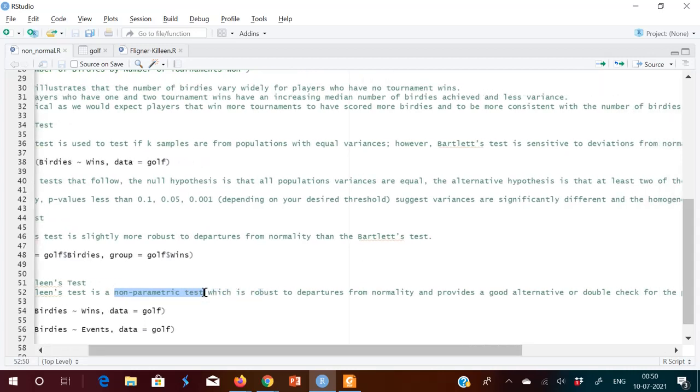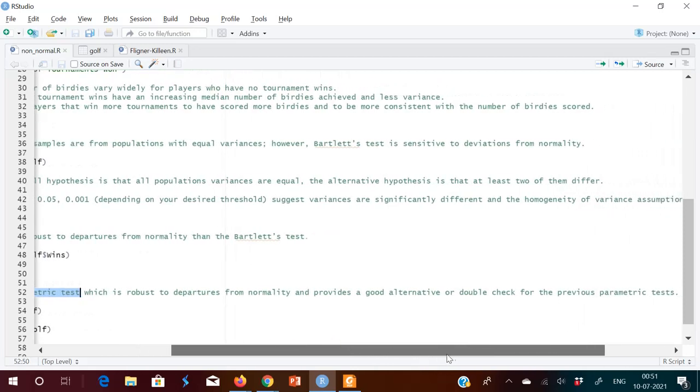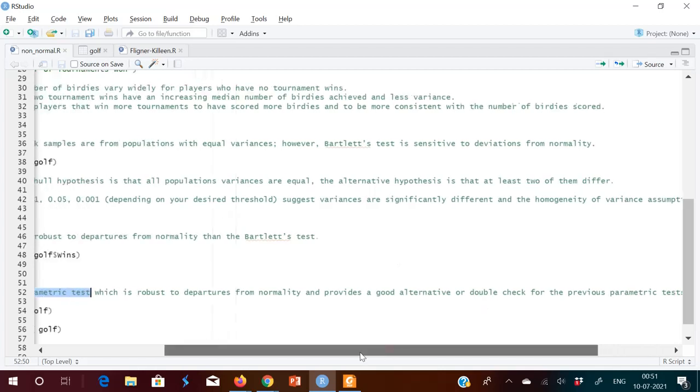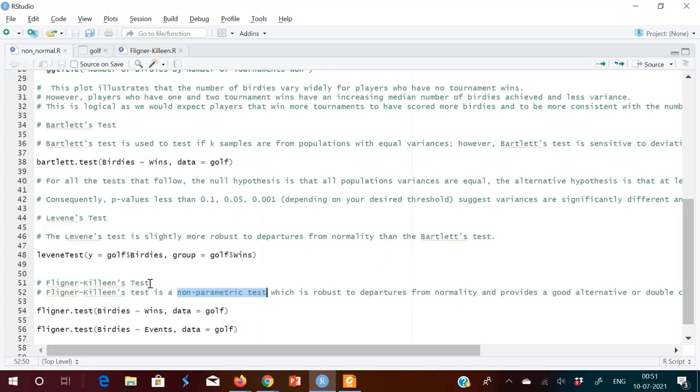This test is done to double check the previous parametric tests. The previous two tests deal with the normal distribution, and this Fligner-Killeen test deals with non-parametric or non-normal distributions. So this is the command for Fligner.test, and let us see that.